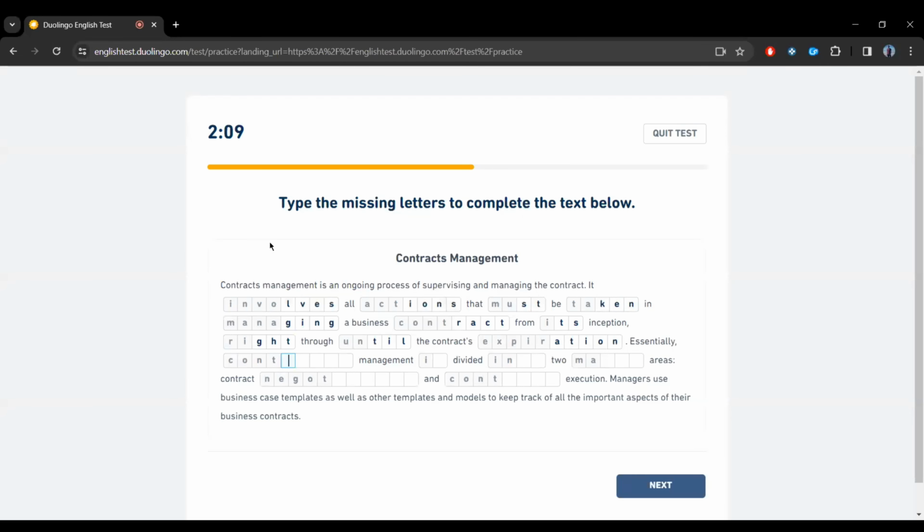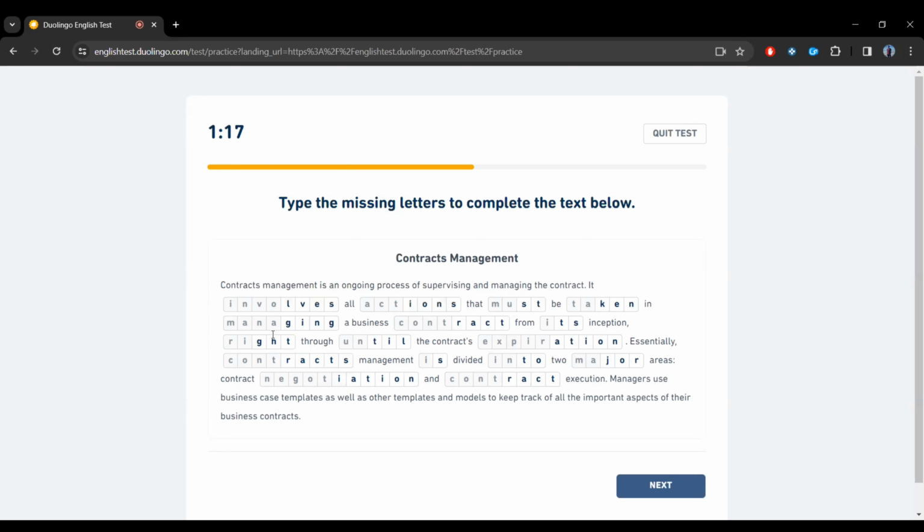Essentially, contracts management is divided into two major areas: contract negotiation and contract execution.